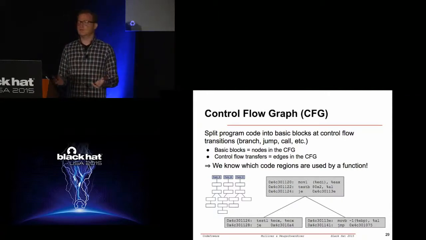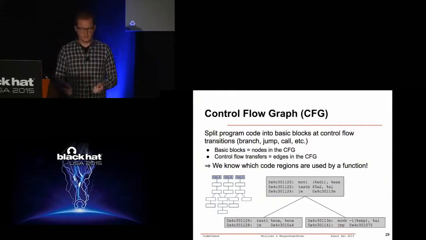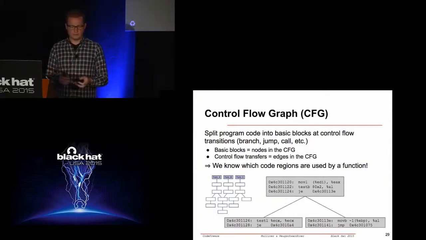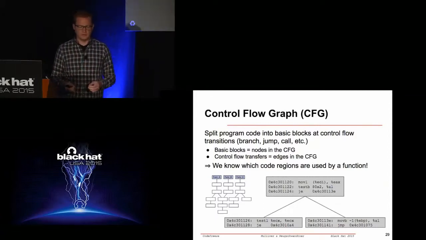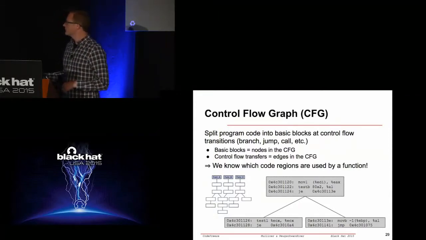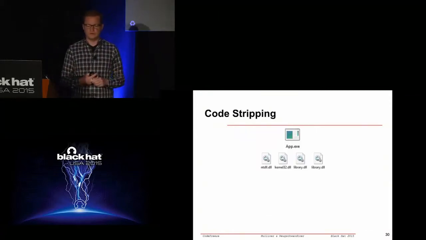So we split up a program into code blocks and the branches and jumps between them. We have basic blocks, which are the nodes in our CFG, and the edges are the control flow transfers. So we have this graph view of each DLL.